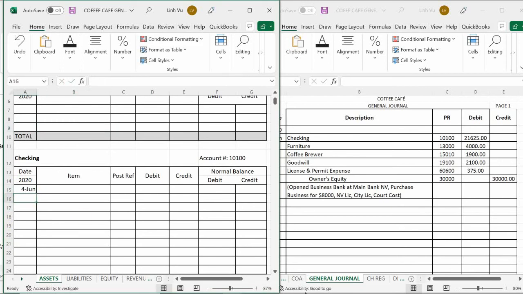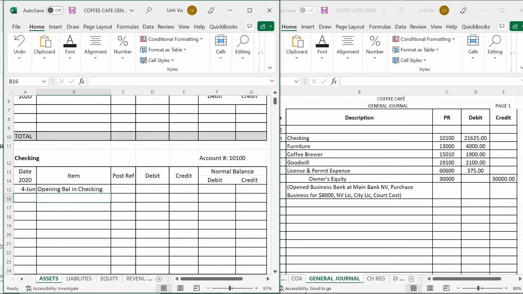So today's the 4th. What is your item here? Your item is going to be anything that you want to put, so your notes. In this case, I'm going to put in opening balance in checking account, or you opened up your bank.